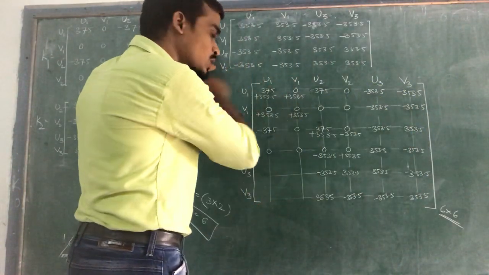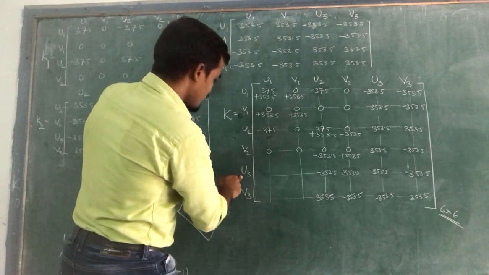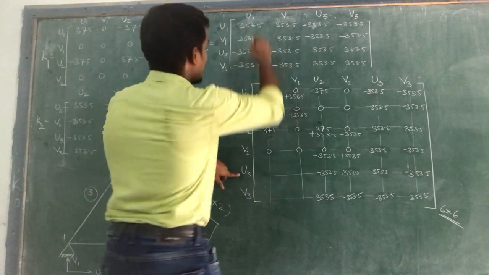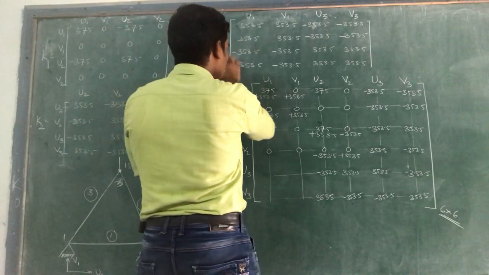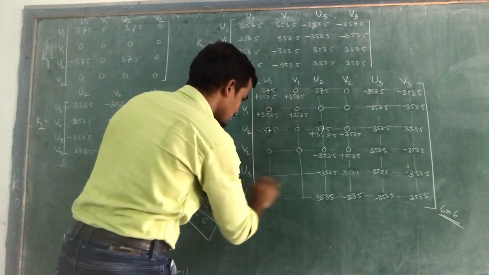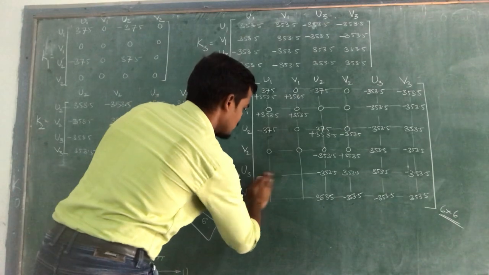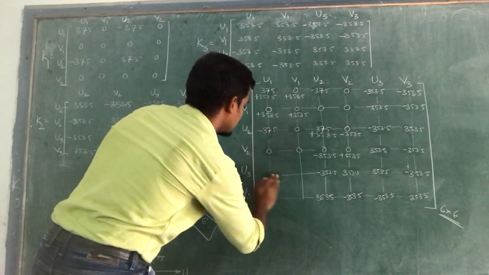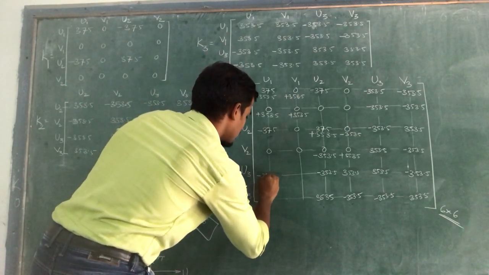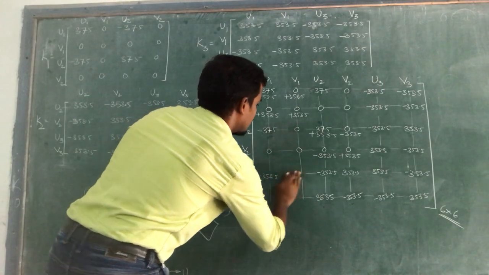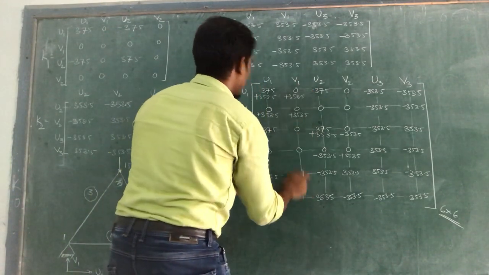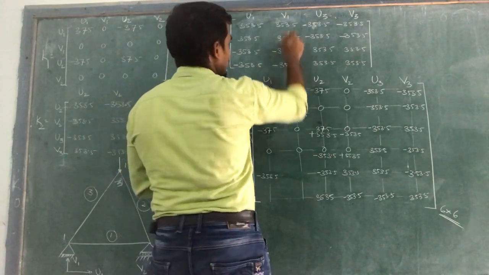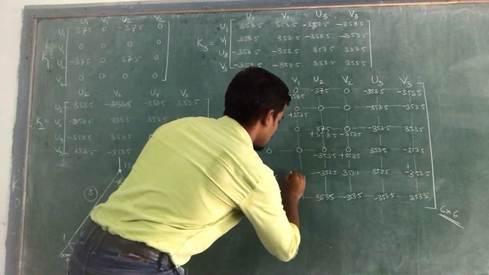Now next is what? U3 row. So we will come at this row, U3 row and U1 column. So this is the value, this is nothing but minus 353.5. Similarly U3 row, V1 column, minus 353.5.